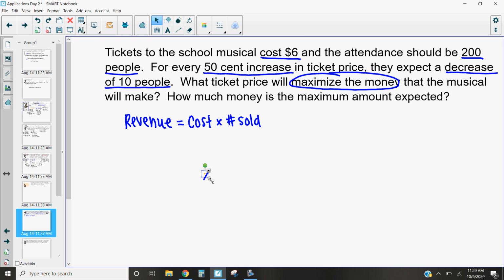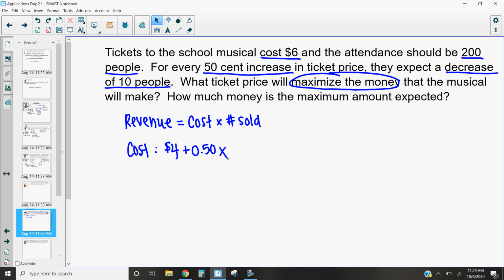So our cost here is going to vary. Our cost initially is $6, but we're trying to optimize the amount of money that it costs. So what we're saying is, what if I increase it by 50 cents? We'll lose some people, but will we make more money?